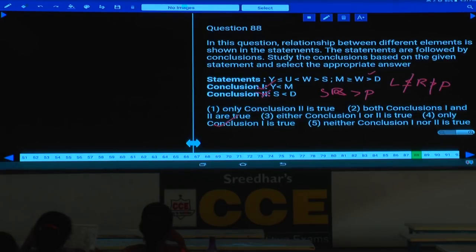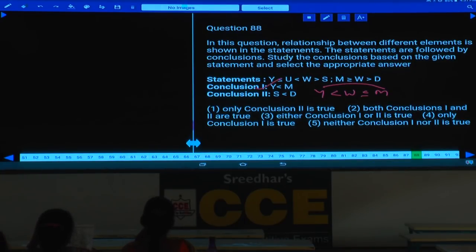87. Then coming to 88, Y lesser than M. Now the relation between Y and M. M greater than or equals to W means W lesser than or equals to M. Now between Y and W, Y lesser than W, M greater than or equals to W, W is lesser than or equals to M. Now between Y and M, Y lesser than M, definitely true.